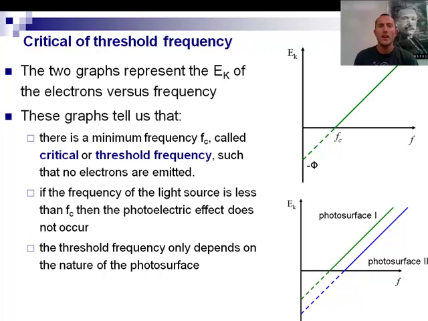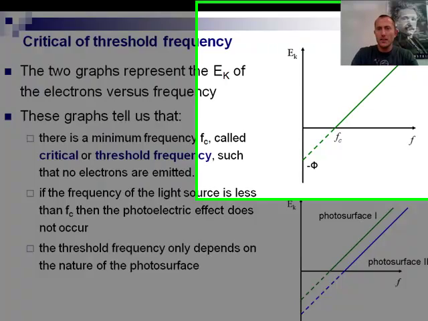There was some minimum frequency of light that had to be shown upon the surface for the photoelectric effect to occur. It didn't happen at any wavelength. And that minimum frequency was called the critical frequency, or sometimes you'll see it called the threshold frequency.